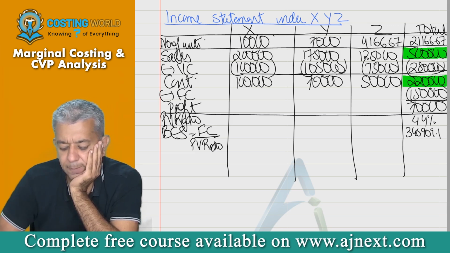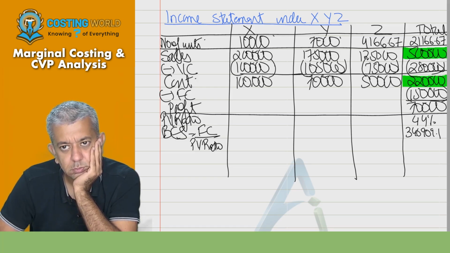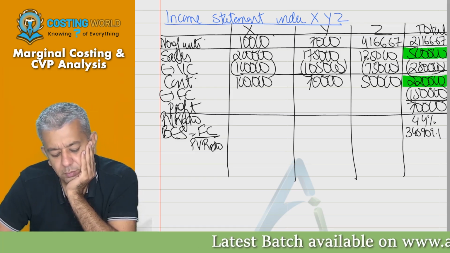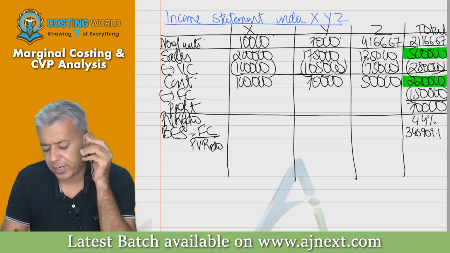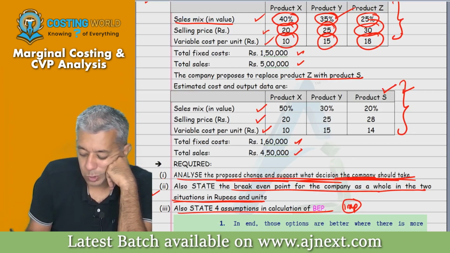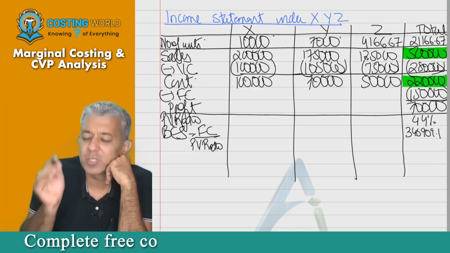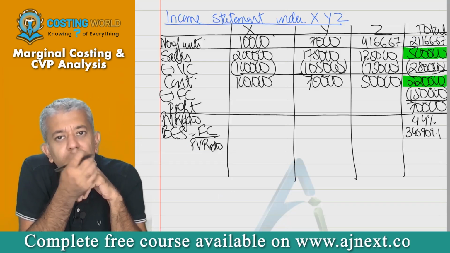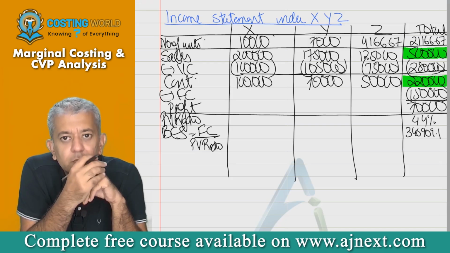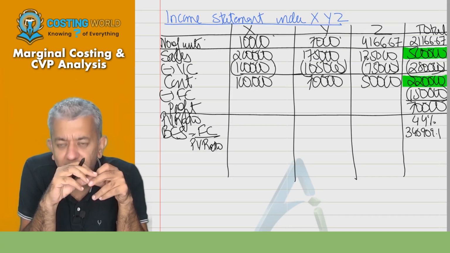Is that okay? Okay. Now this is one thing, we have got break-even point in terms of rupees. But those guys have also told in units also. Tell me what's the formula of break-even point in units? Fixed cost divided by contribution per unit.